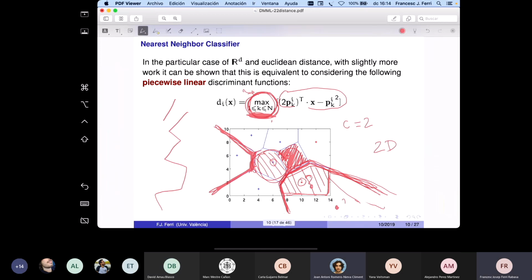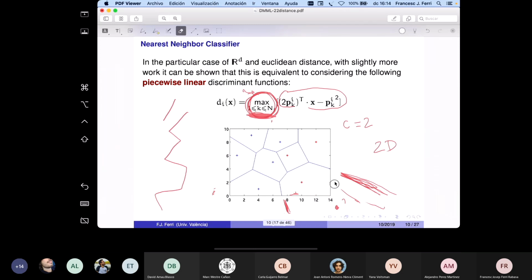Yes. Okay. How many closed polytopes do we have in this example? One?